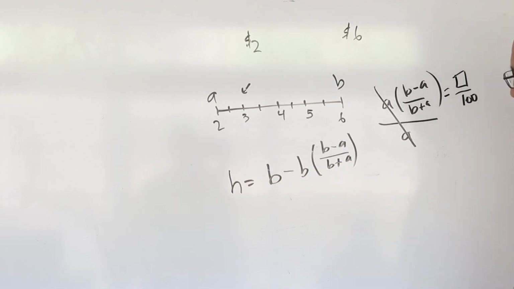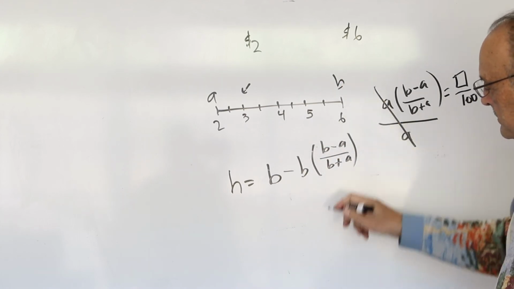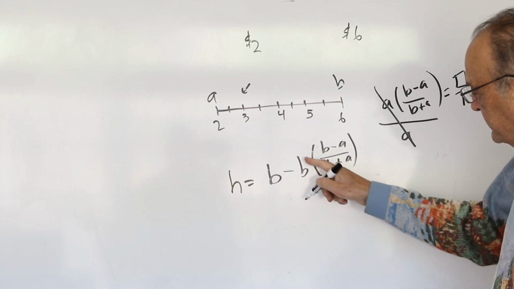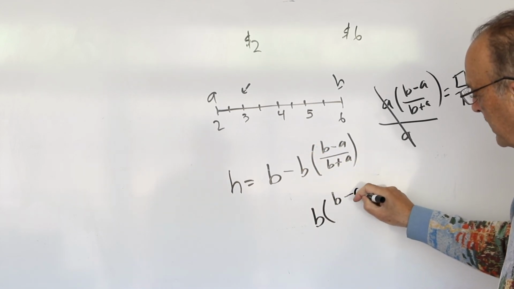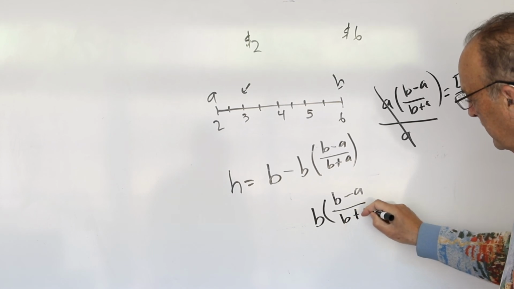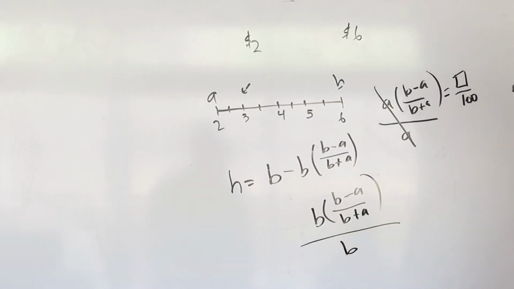What we want is the change over the old. So this is the old, and this is the change. So it's B times B minus A over B plus A. That's the change over the old, okay?